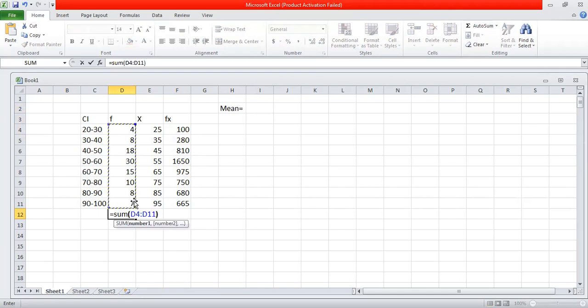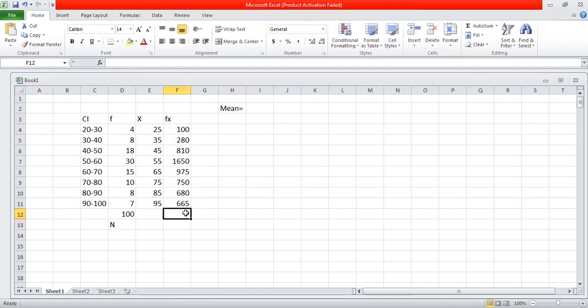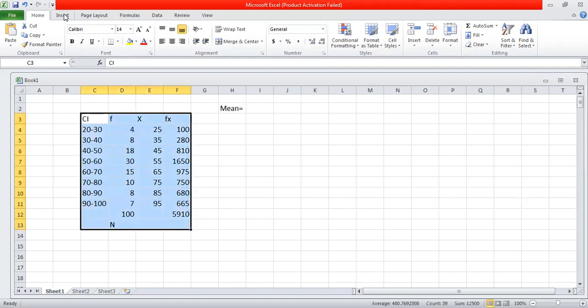Select all the frequencies, close the bracket. It is 100. So this is nothing but your n value. Coming to summation fi xi, equals to sum of fi xi. So it is 5910.